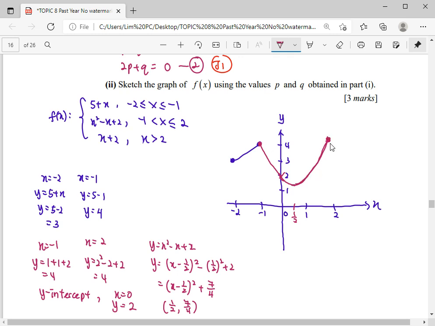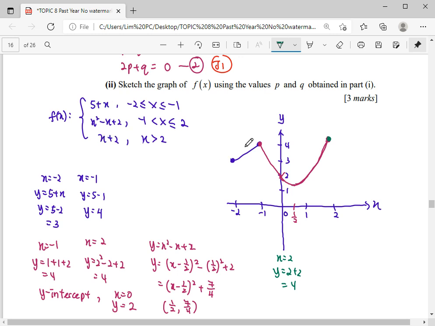After we are done with part 2, we are going to draw our last part. When x equals 2, our y equals 2 plus 2, which is 4. So this is my linear graph, starting at the point x equals 2, y is 4. It has a positive gradient, which means this graph is increasing. You can see this is a linear graph and this is a linear graph, and their gradients are the same: mx plus c, so 1x plus 5, 1x plus 2.